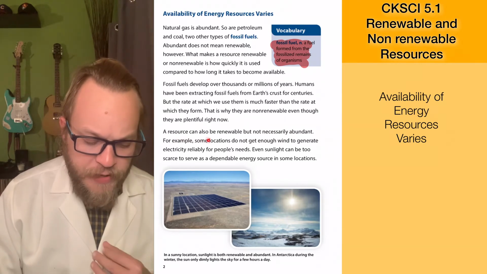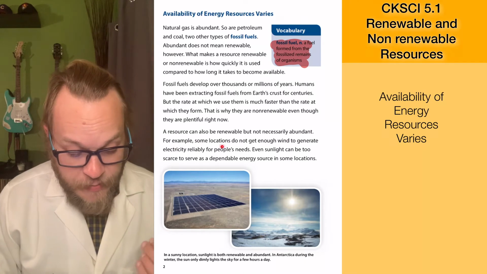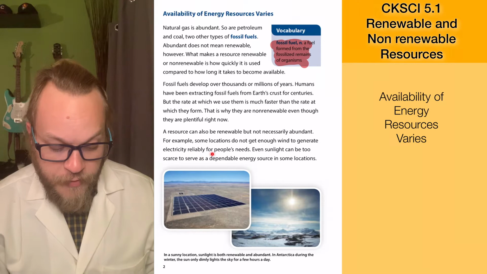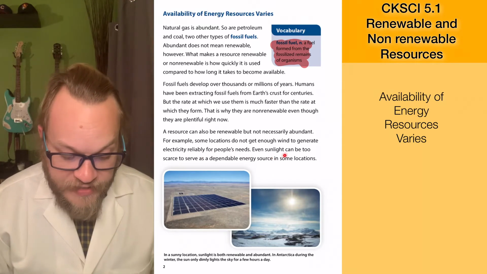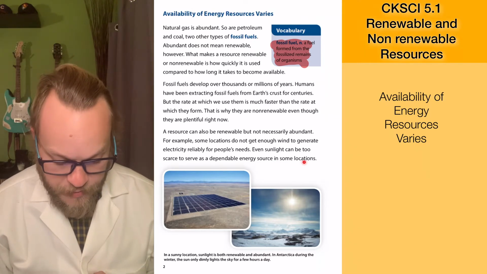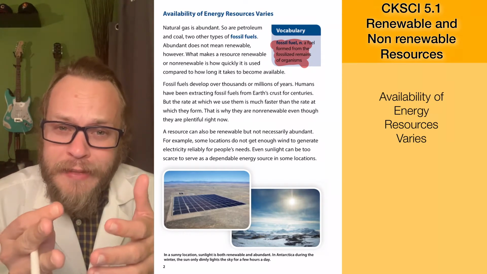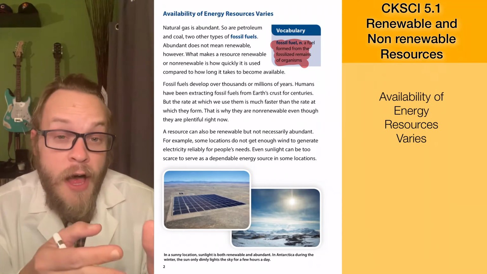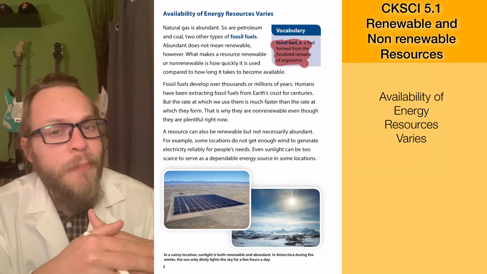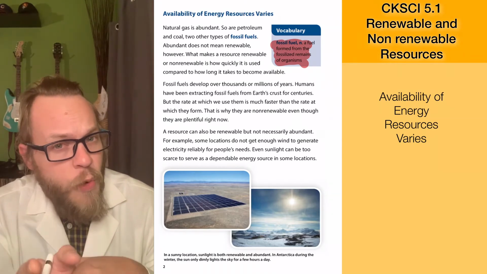A resource can be renewable, but not necessarily abundant. For example, some locations do not get enough wind to generate electricity reliably for people's needs, and even sunlight can be too scarce to serve as a dependable energy source in some locations. So wind farms and solar farms, those are very dependent on location for renewable resources. Here in Arizona, we're a prime candidate for solar but not so much wind.